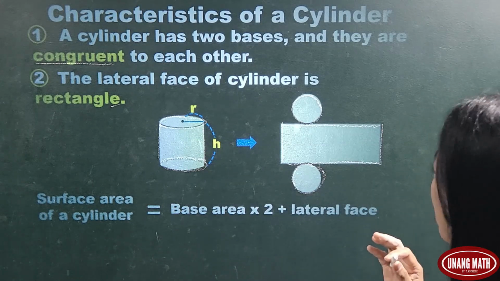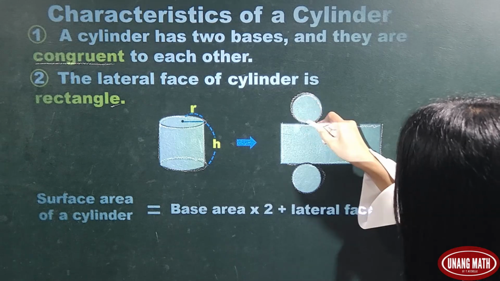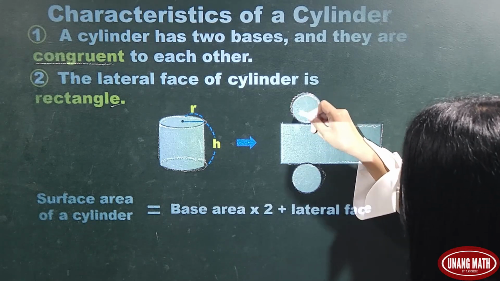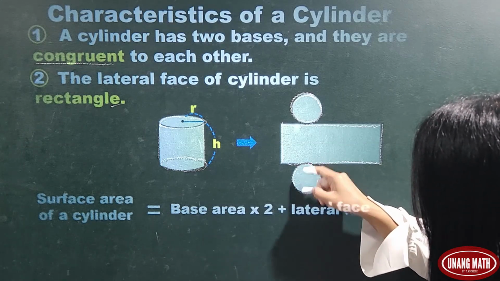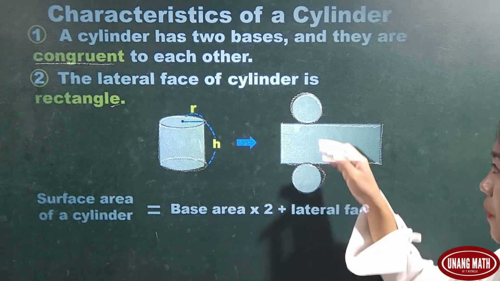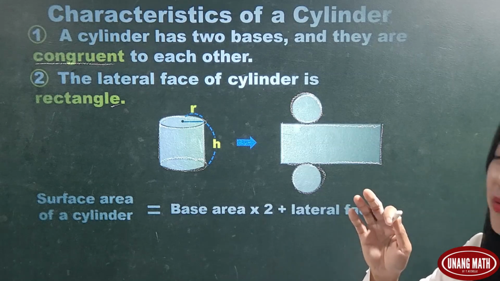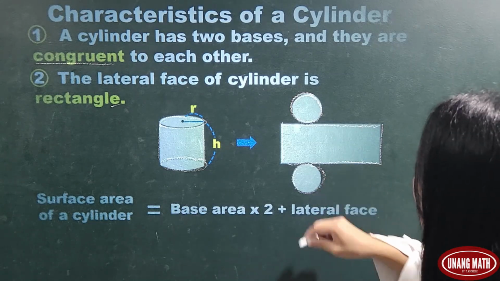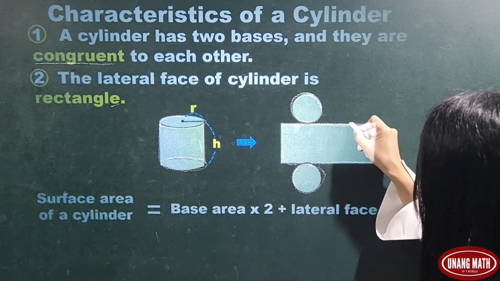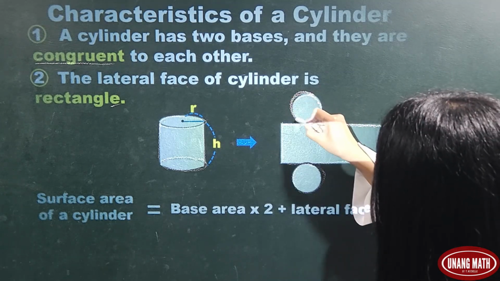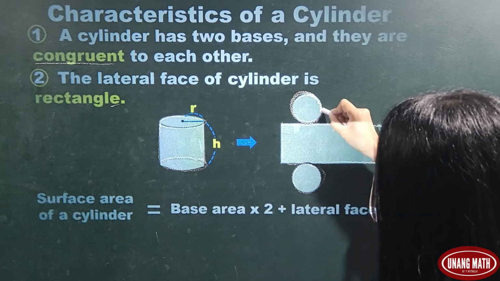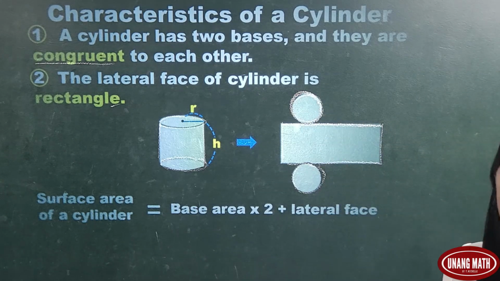Now, the area of this circle is of course equal to the area of this other circle because these are congruent, or identical shapes. The length of this rectangle is equal to the circumference of this circle.